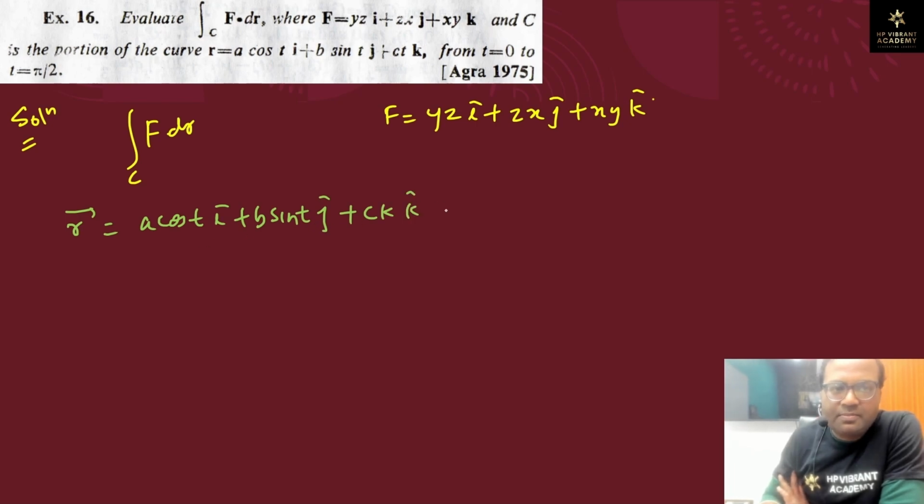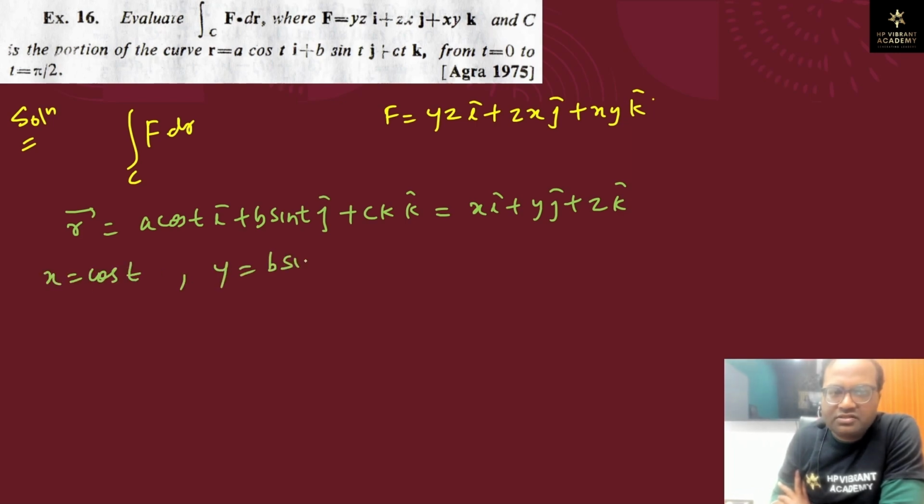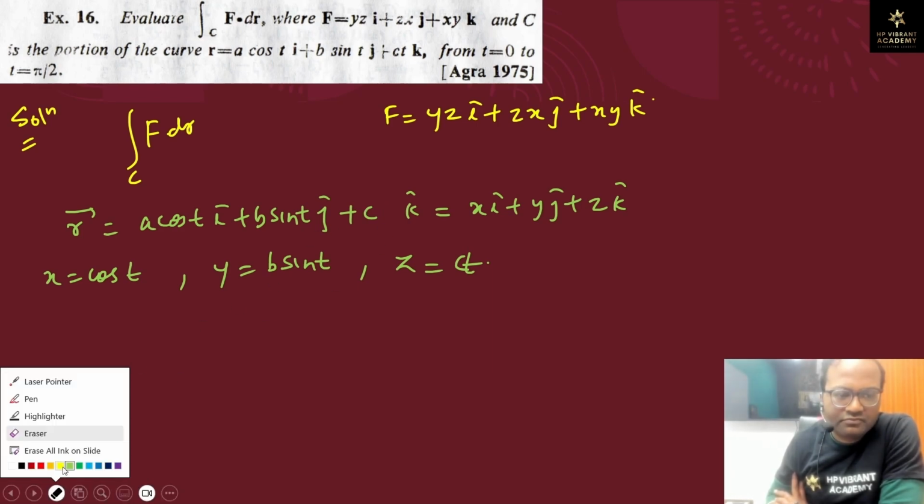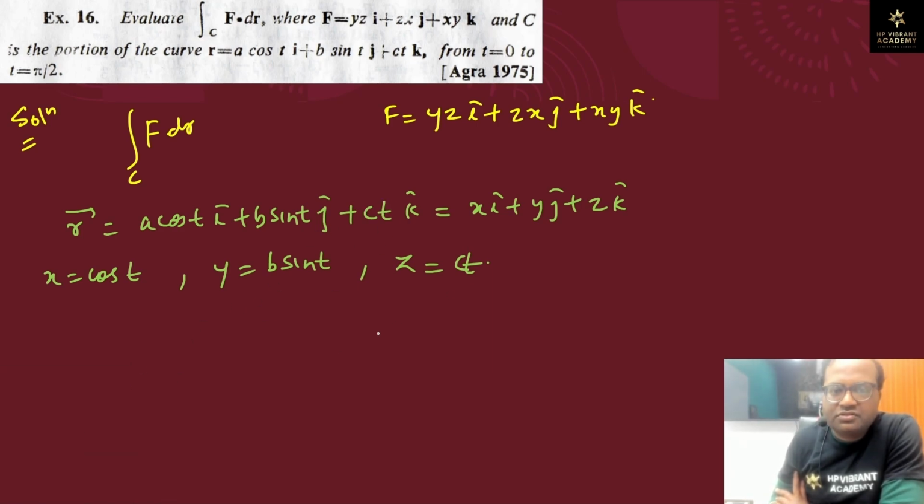This is the position vector. This we can represent in Cartesian coordinates as x i cap plus y j cap plus z k cap. So from here we have x is equal to a cos t, y is equal to b sin t and z is equal to ct. This is not ck, this is ct.